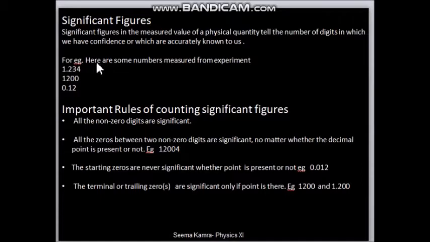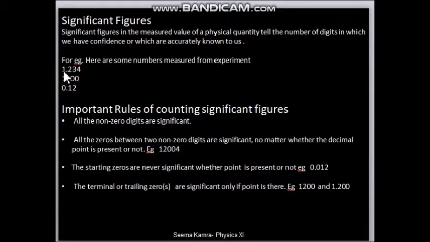Okay, so here we have some numbers which are appearing. Some of the numbers are appearing with zeros, some without zeros, and with points or without points. So what are the rules? Let us take the example. Suppose a number is appearing 1.234. That means after the point we know till 3 digits the value.